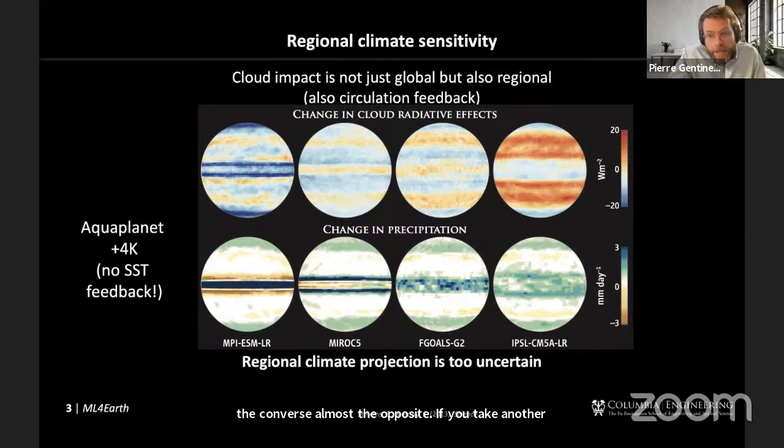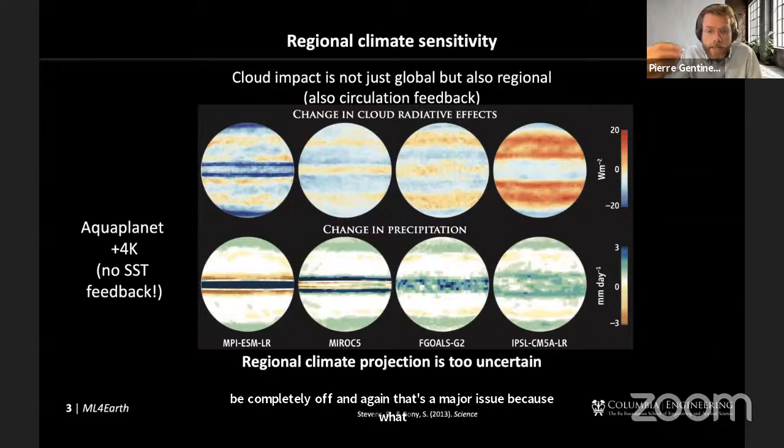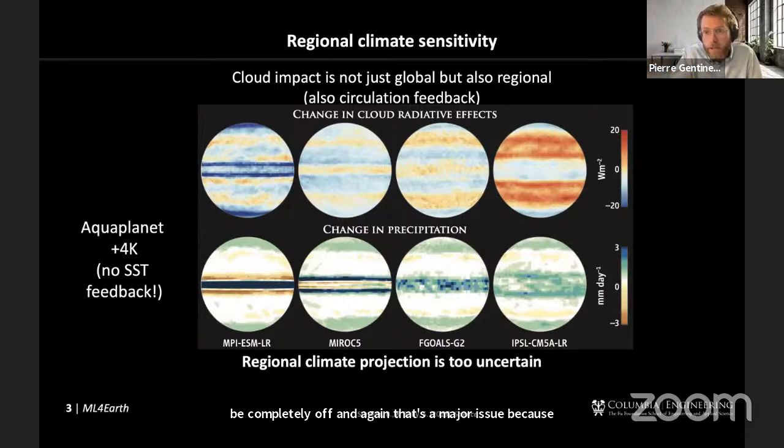The issue is that what we typically do is take the multi-model mean, and that will be the best projection you will have. But of course, maybe only one of them could be right, and the other ones could be completely off. And again, that's a major issue because what you would want to project is the regional hydrological cycle change, right? You want to say, will we see more droughts? Will we see an intensification in extremes and precipitation?